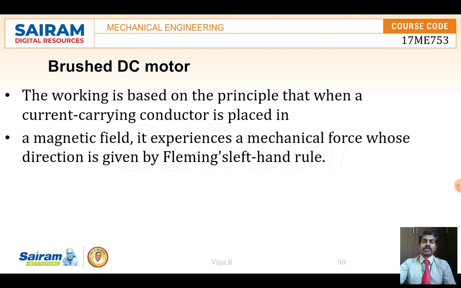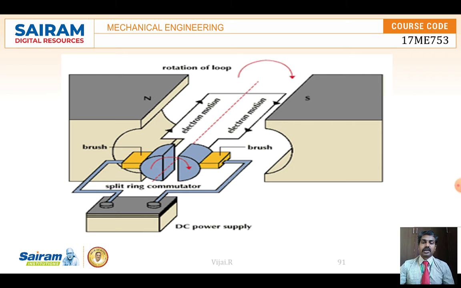Normally, when two magnets are there and we keep a current carrying conductor inside, automatically the magnetic field already produced is going to have an effect on it. You can see in the figure there is a north pole and a south pole, two bar magnets, and a coil which is conducting power with the help of a DC power supply.